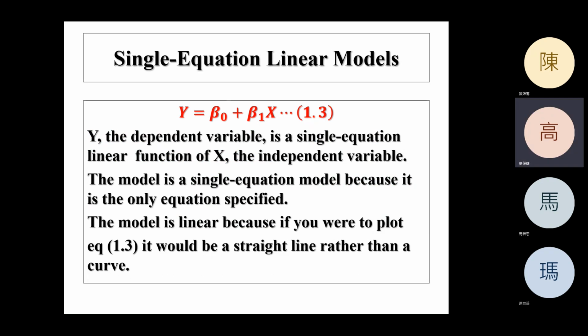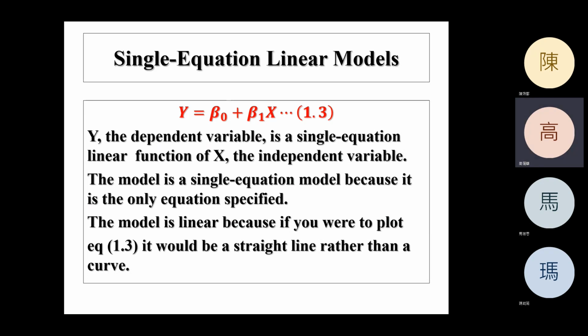So look at this equation: y equals beta 0 plus beta 1 x. Y is the dependent variable, a single equation linear function of x, and x is called the independent variable.